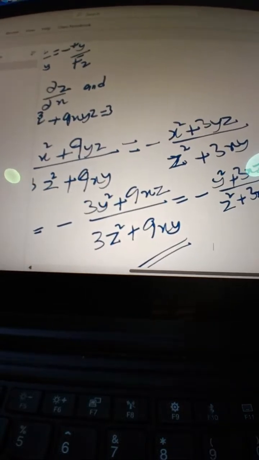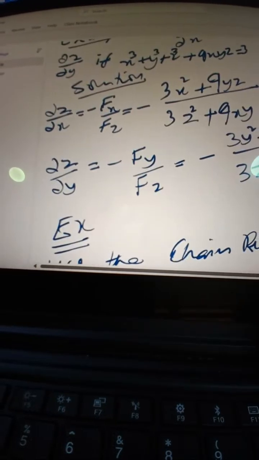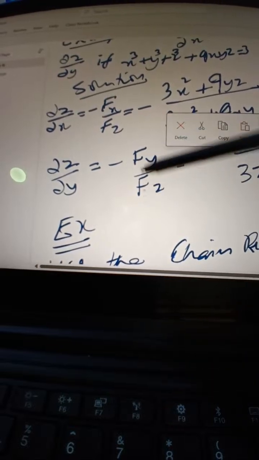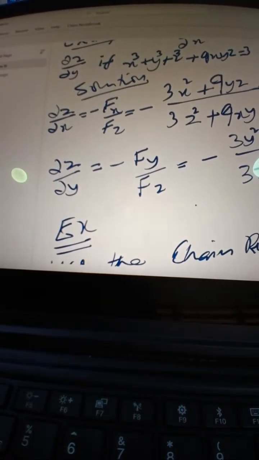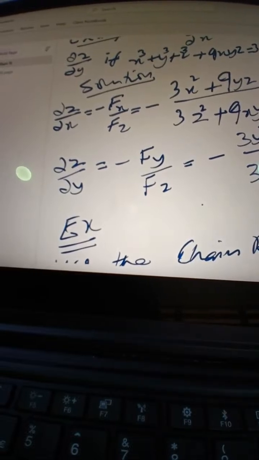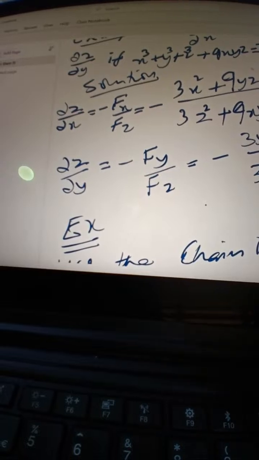All right. Now, in the same vein, we want to look at our del z del y. That can be written as negative fy over fz. For the numerator, we differentiate with respect to y. So from here, we get 3y squared plus 9xz, because we differentiate with respect to y.